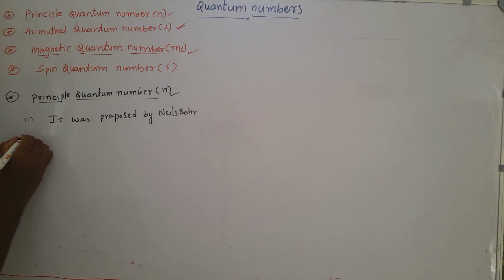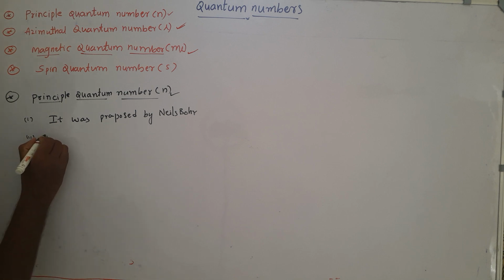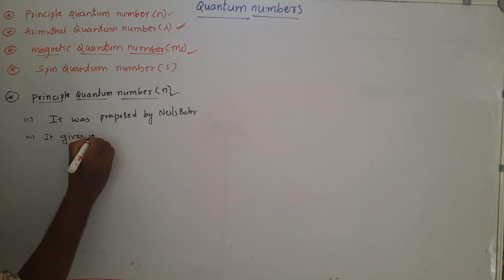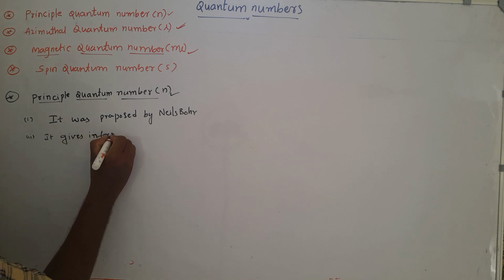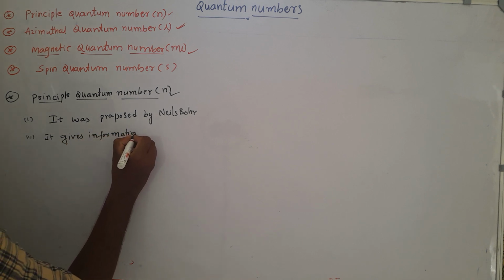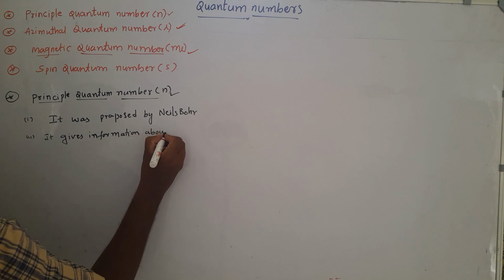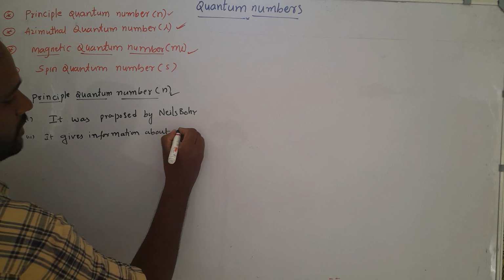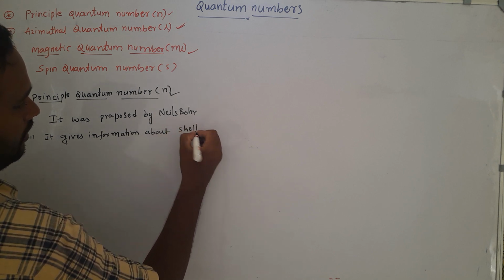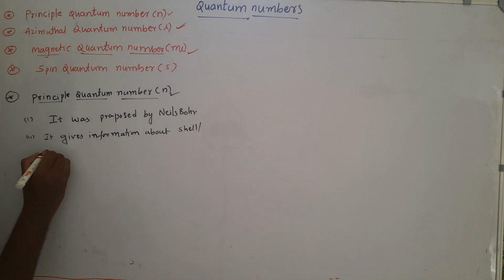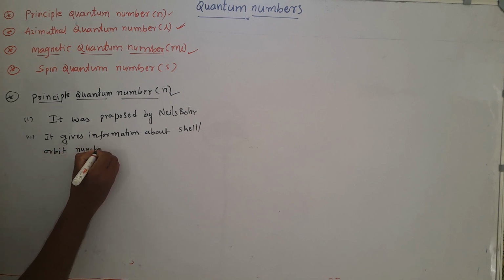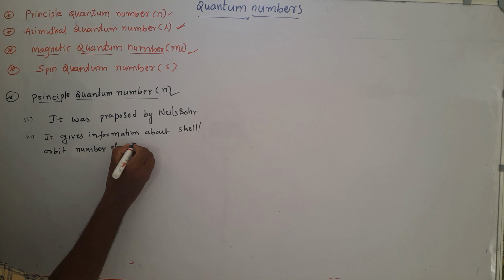It gives information about the shell number, or orbit number of an electron.